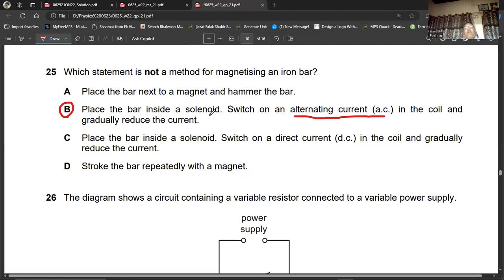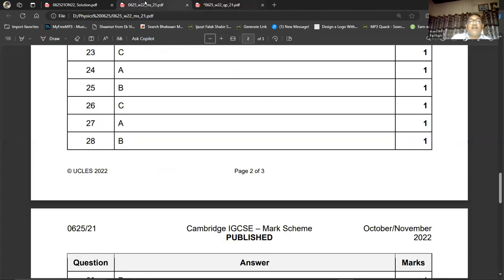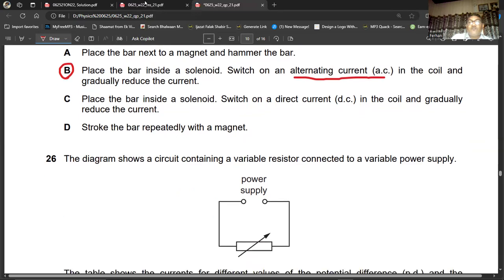Stroking the bar repeatedly is also used to magnetize. So the method given in option B is not used to magnetize, it is used to demagnetize. So B is the right option, sir. Question number 25, B is the right option.